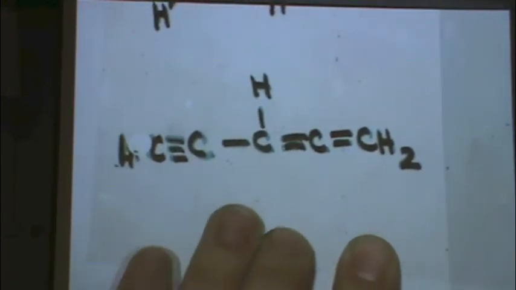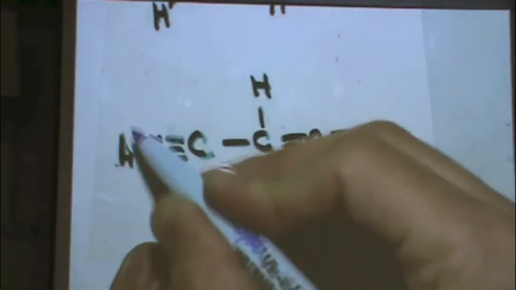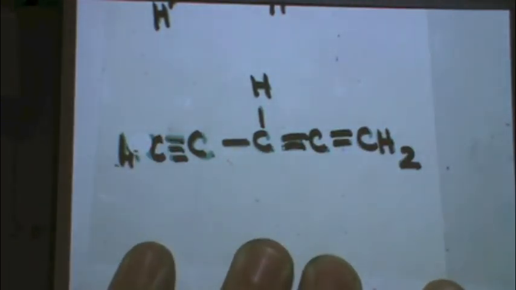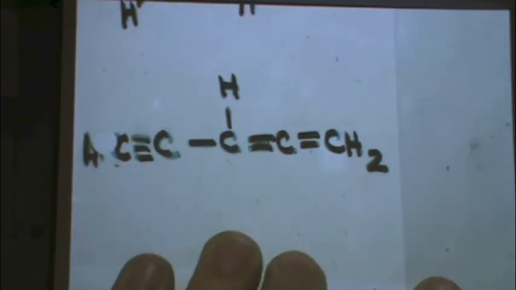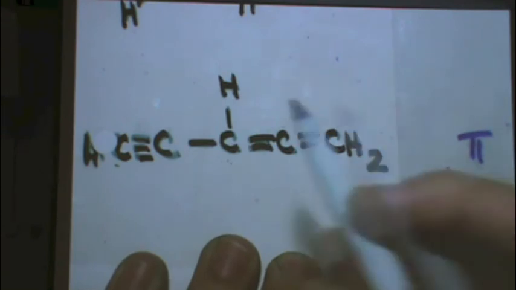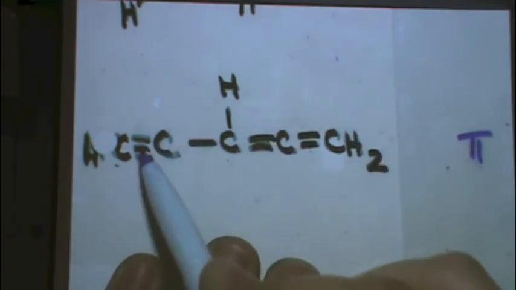Let's try one more. This one. Okay. How many pi bonds in this molecule? You should count 1, 2, 3, 4. The triple counts as 2.